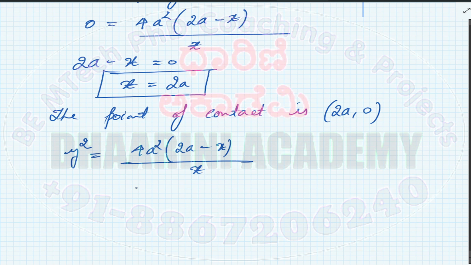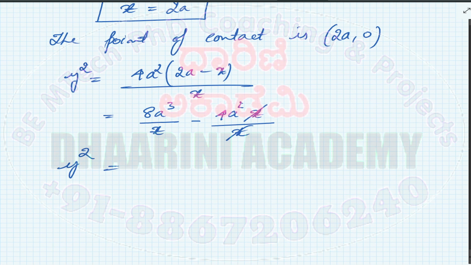This is 4a square into 2a, that becomes 8a cube, with x in the denominator, minus 4a square into x divided by x. So this x and x will cancel. So the given equation y square in a simplified format becomes 8a cube divided by x minus 4a square.